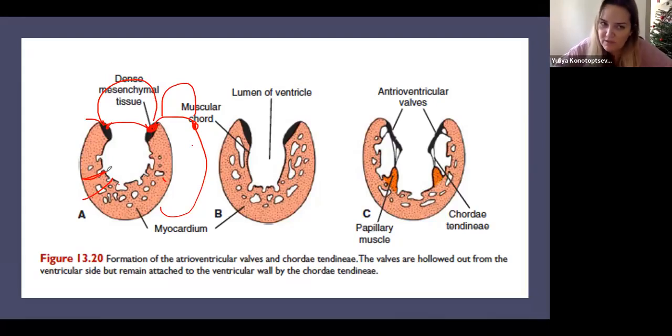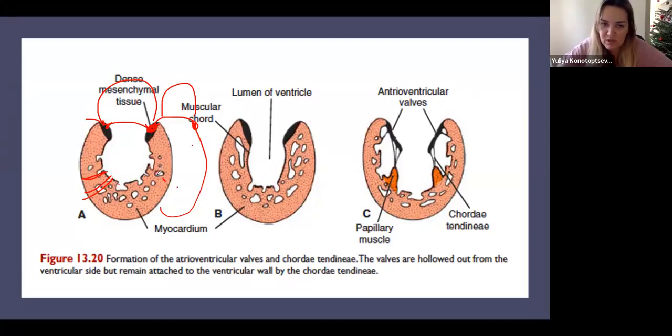The problem is that if the wall of the original ventricles is very thick, it will contract with power as well. And if it contracts with power, it creates high blood pressure, and we do not want high blood pressure in the embryo. So this wall of the ventricle has to be somehow thinned out because it's too thick, too many muscles are present there. This is where the holes come in.